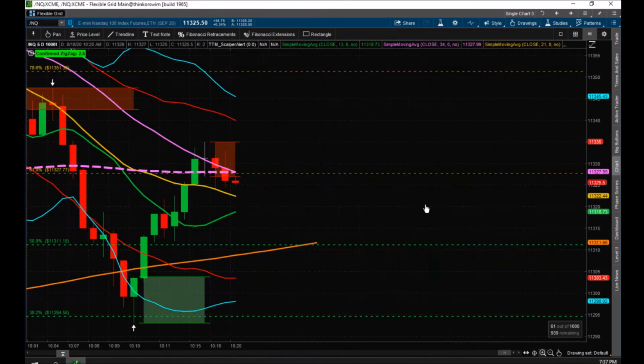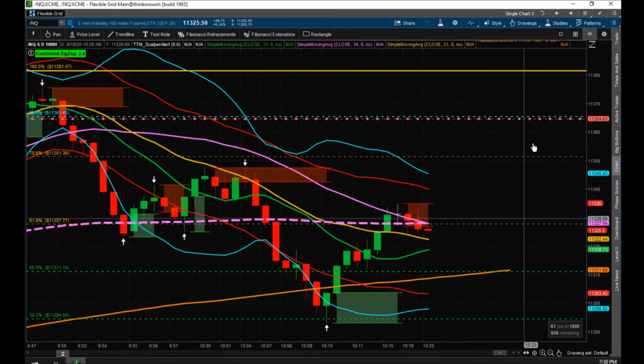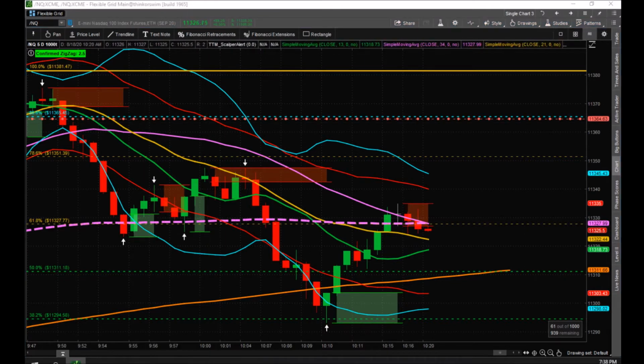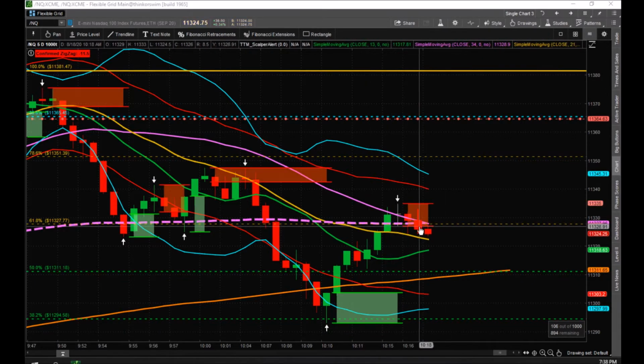Okay, now this is a lot of information here. Alright, so we got the indicators back on here. So we are rejecting the VWAP.